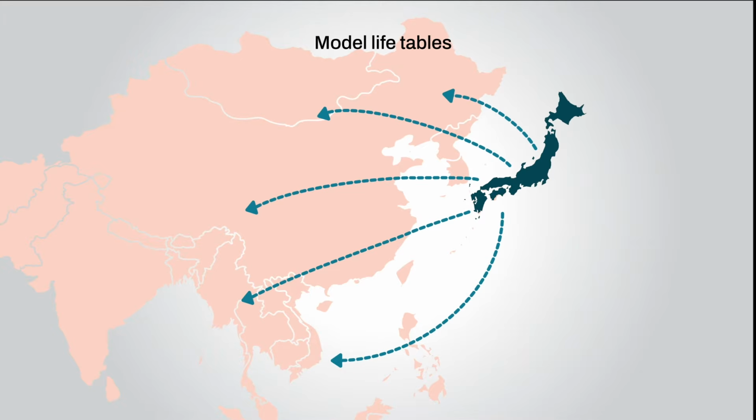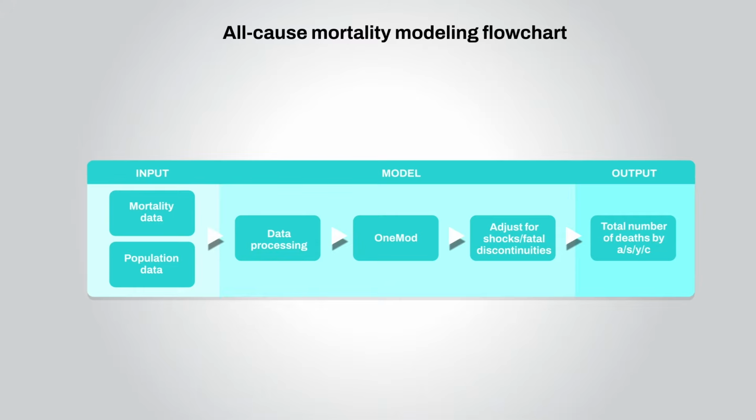It forces patterns from certain locations onto locations with less data, which can lead to incorrect mortality patterns in some locations. In GBD 2023, we use a statistical model called OneMod to improve the accuracy of mortality estimation.